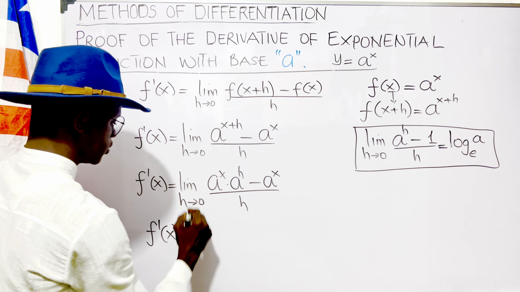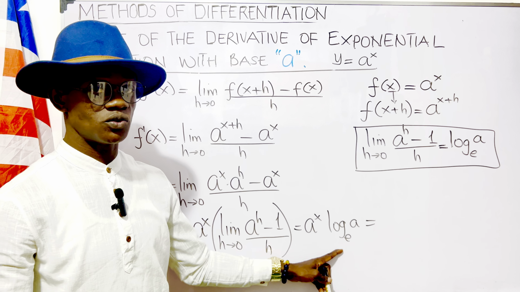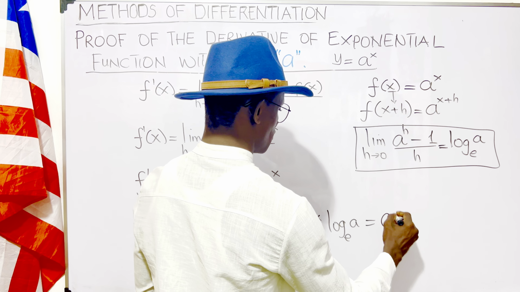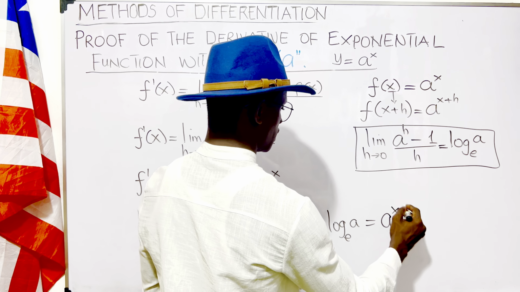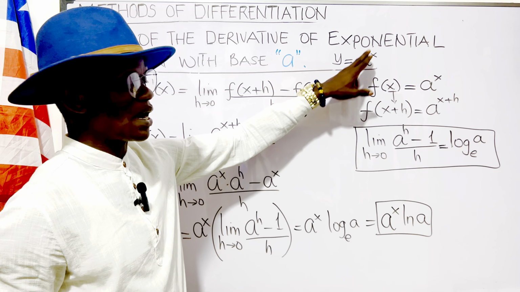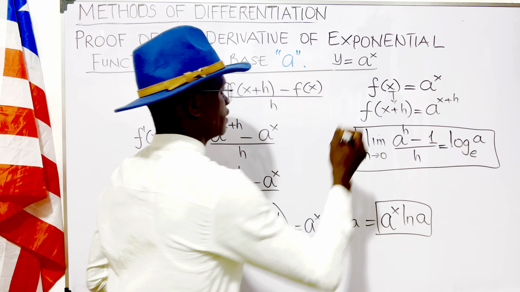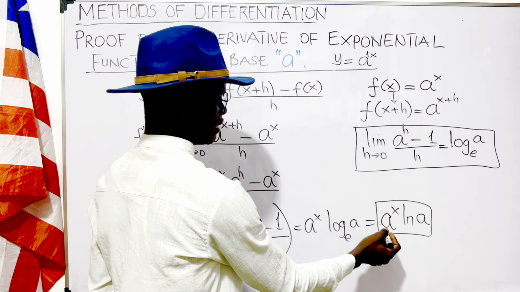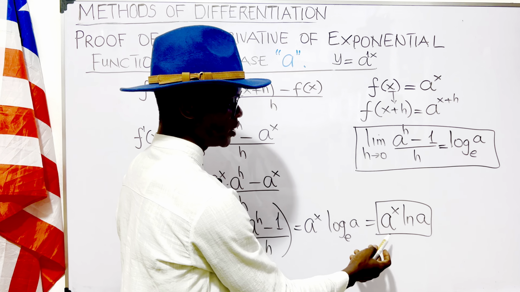Now whenever the base of a logarithm is e, that is referred to as a natural logarithm. So this can be rewritten as a raised to the power x times ln of a. So whenever we have y equals a raised to the power x, where the coefficient of this x is 1, the derivative is a raised to the power x ln of a.